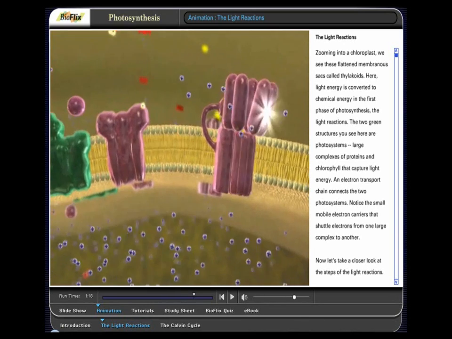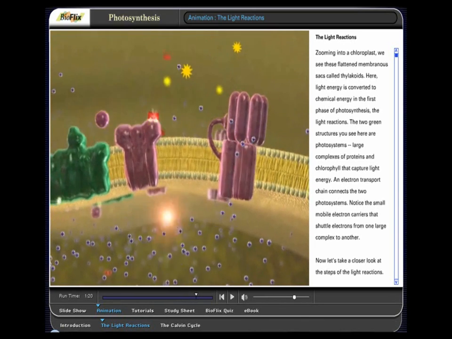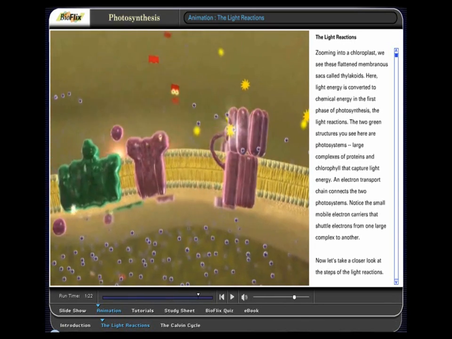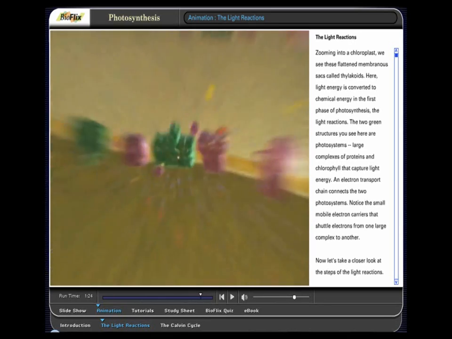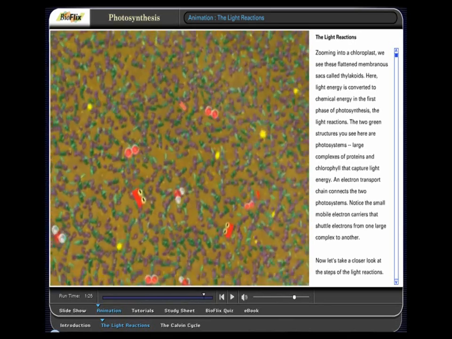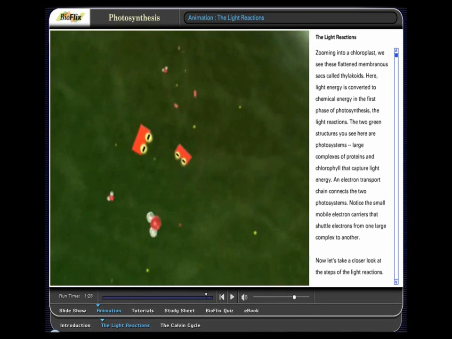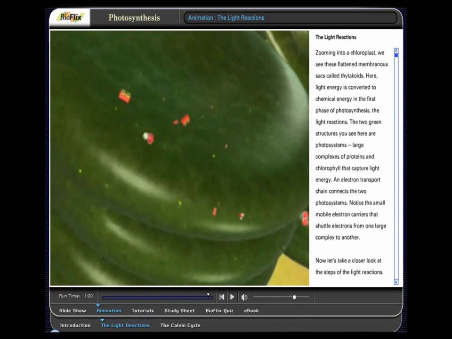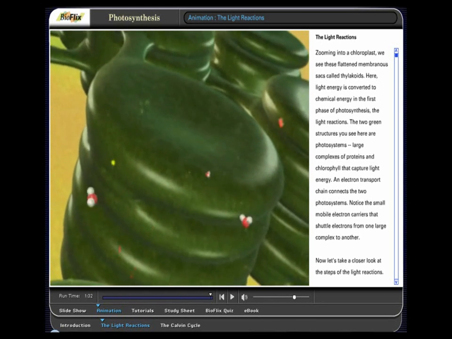The high concentration of hydrogen ions inside the thylakoid powers ATP synthase, producing ATPs. The light reactions in the thylakoid have produced two energy products, ATP and NADPH, that will now power the production of sugar in the Calvin cycle.